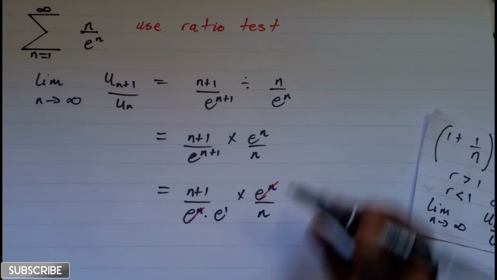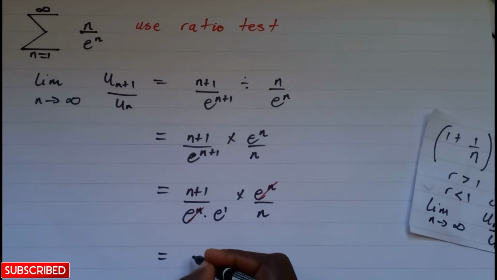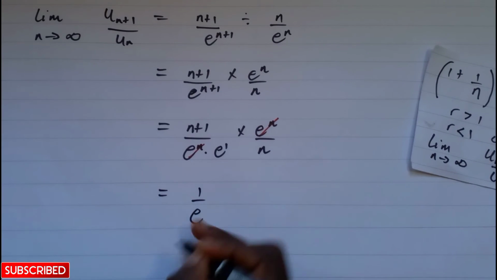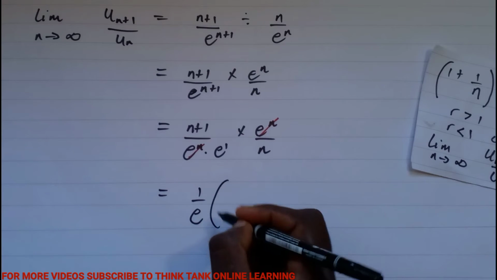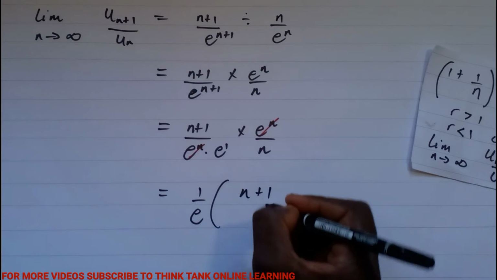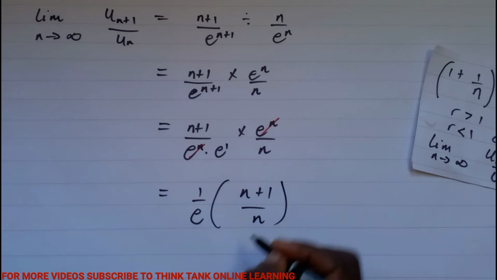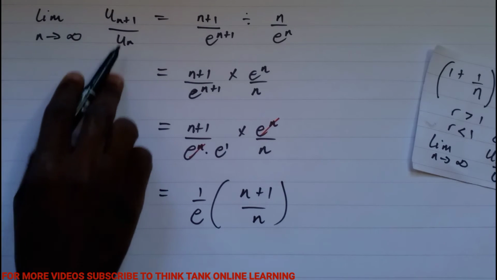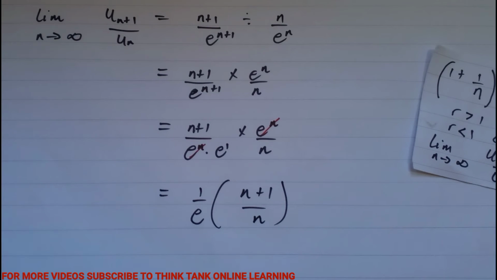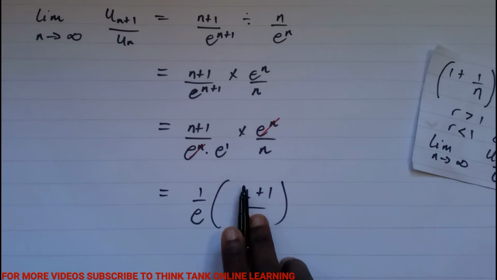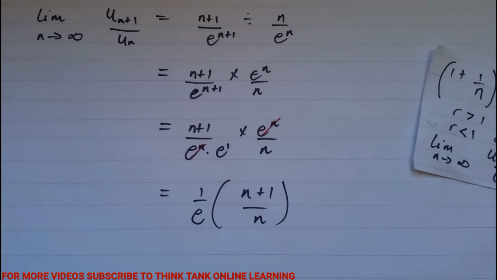And after that, we have 1 over e, which is a constant, times (n plus 1) over n, the limit as n approaches infinity. If we plug in infinity here, we're going to get infinity over infinity, and we don't want that.